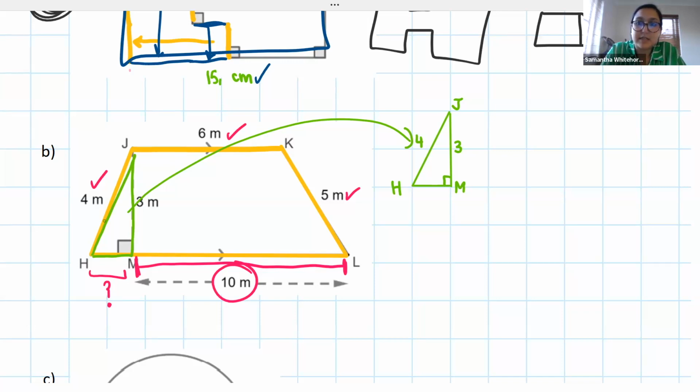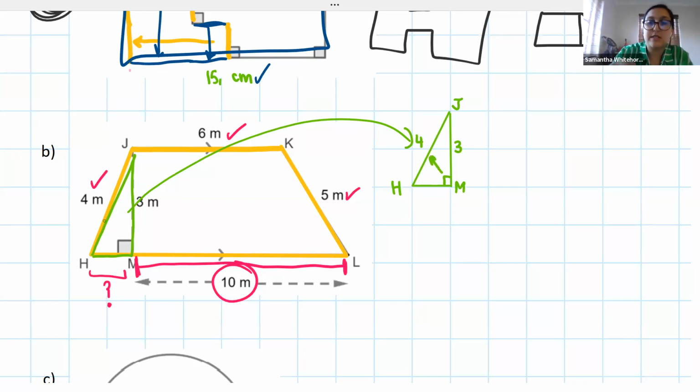Now again, grade 8s, this is often where we will test Pythagoras, within the context of a perimeter type question. I will tell you now, guys, HM is not 5 meters. Remember, your hypotenuse has to be the longest length.